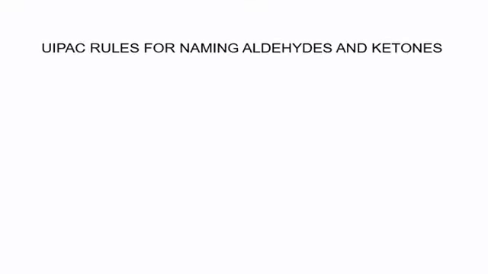So guys, next we'll consider the IUPAC rules for naming aldehydes and ketones. First, aldehydes are named by replacing the E in the parent chain alkane with AL.